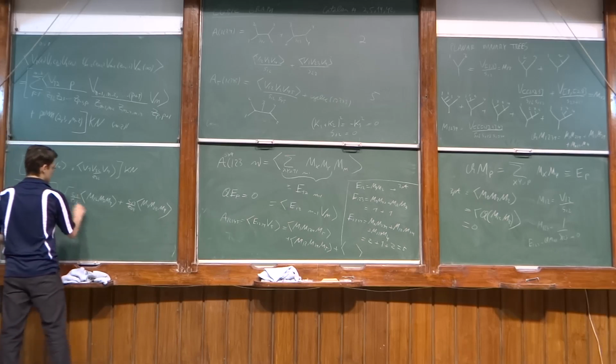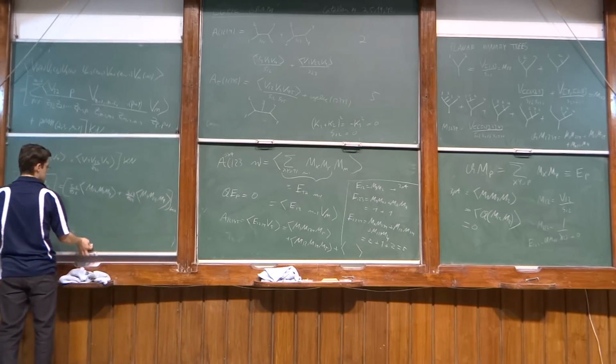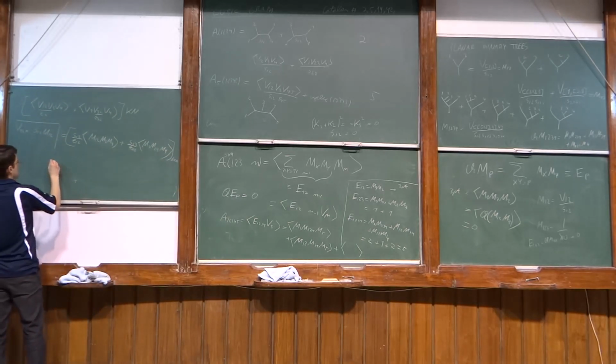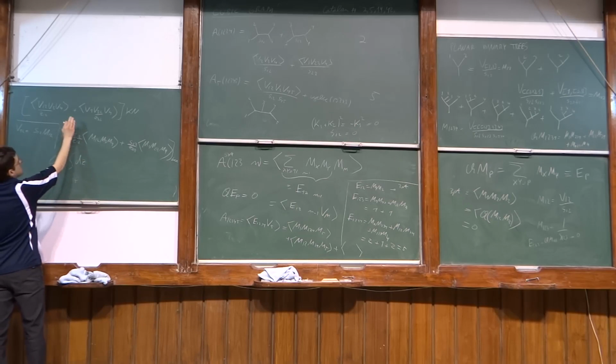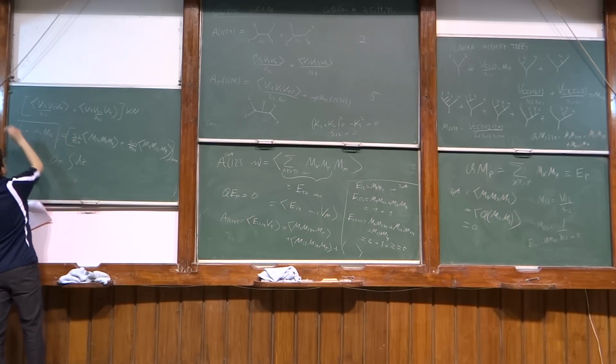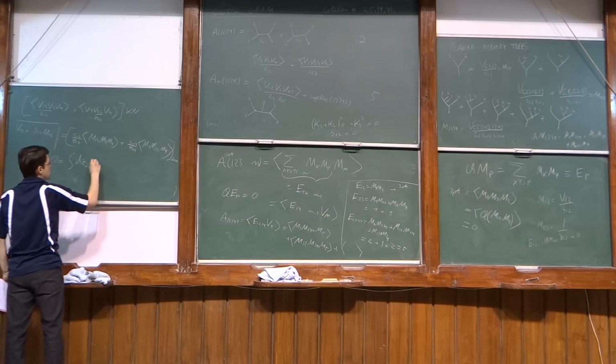And everything multiplying the Koba-Nielsen factor. So now I use integration by parts on that; this is the integrand, so that there is a total derivative integral to do.